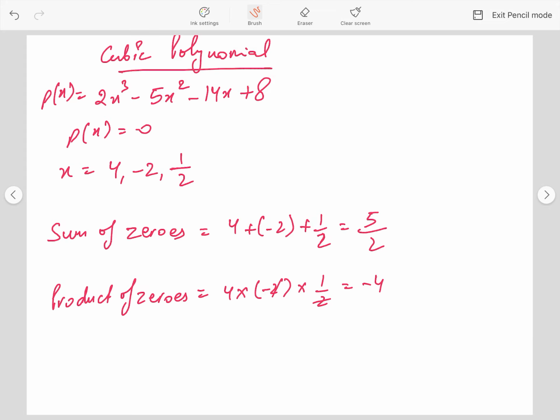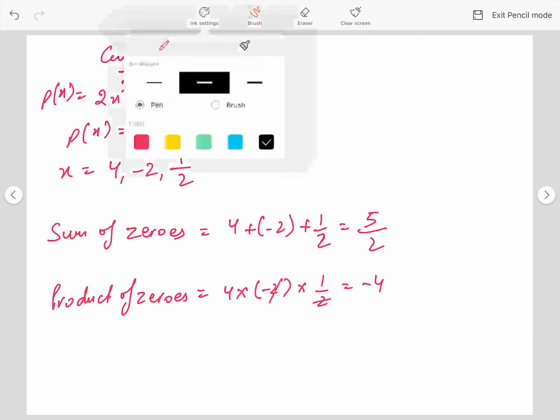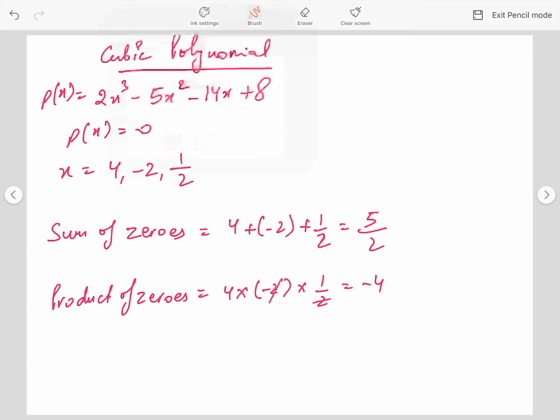So now we will see in the polynomial what things we can observe. We have 5 as the coefficient of x square here and 2 as the coefficient of x cube. So we can write it as minus of the coefficient of x square by the coefficient of x cube.